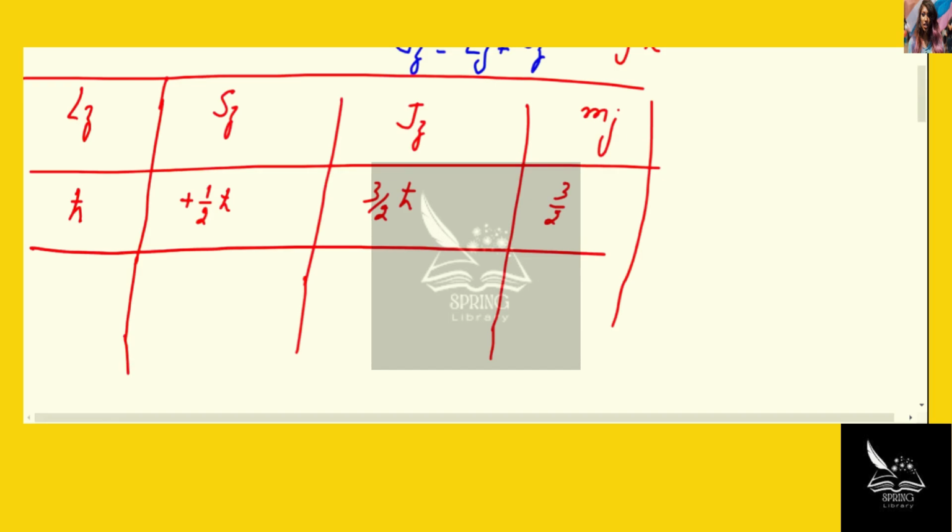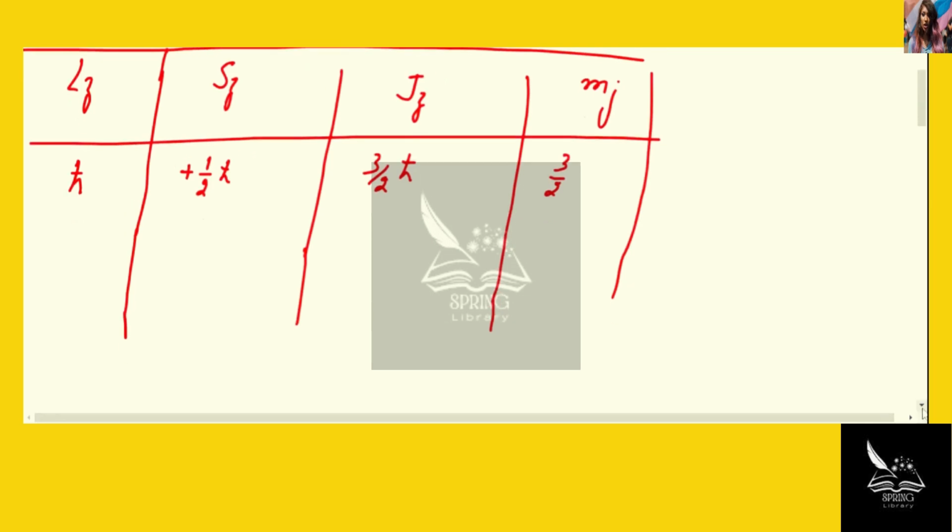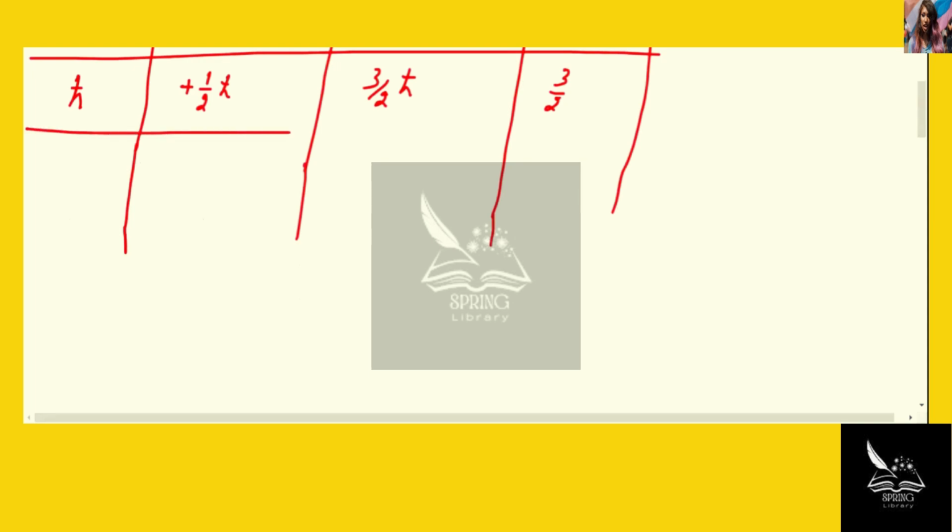Now for the second case, we have Lz equal to h cut, Sz equal to minus half of h cut. This gives us z component of total angular momentum equal to half of h cut. So we have mj equal to half.